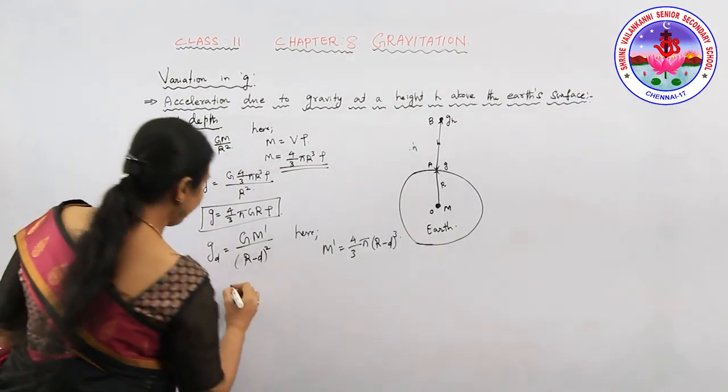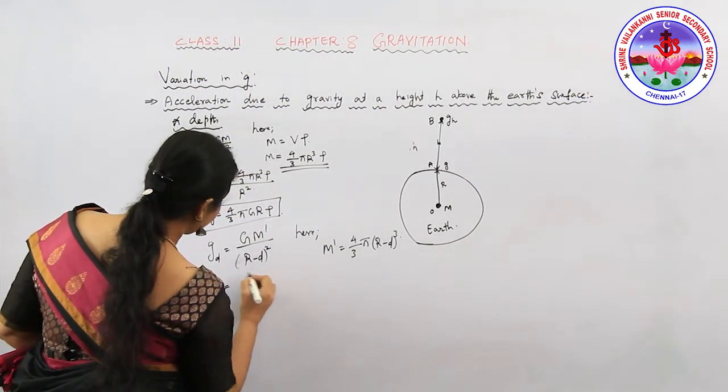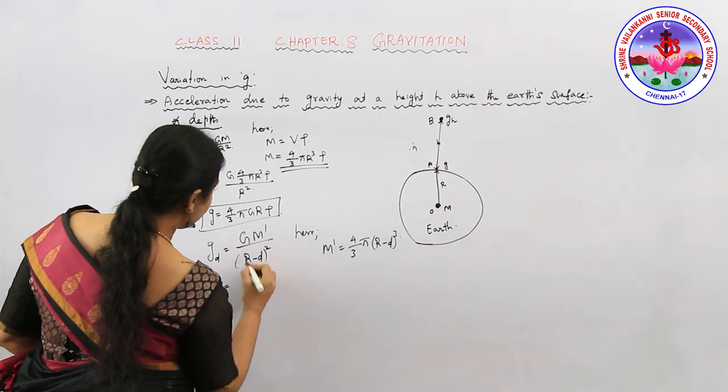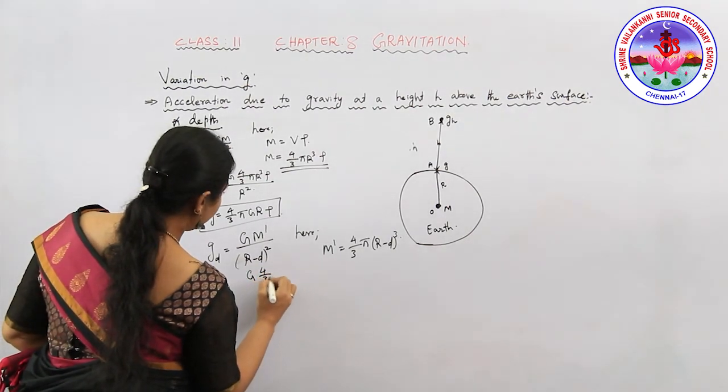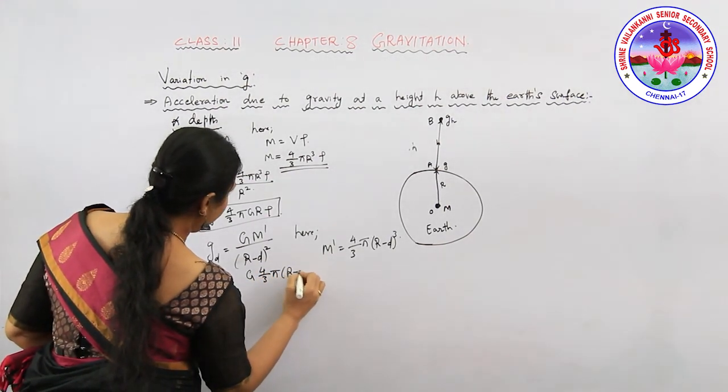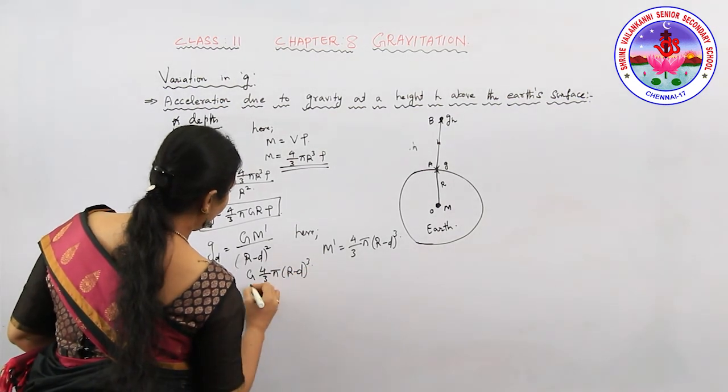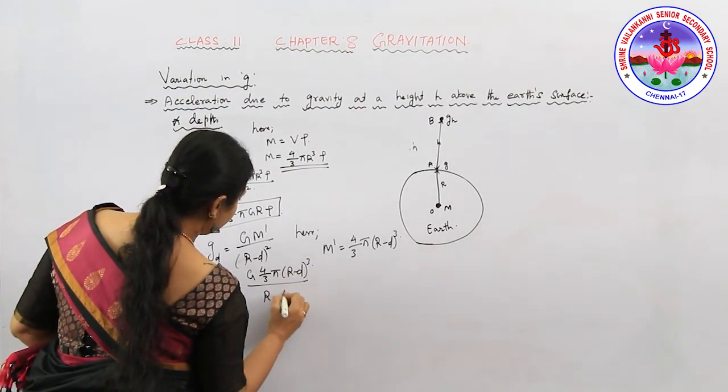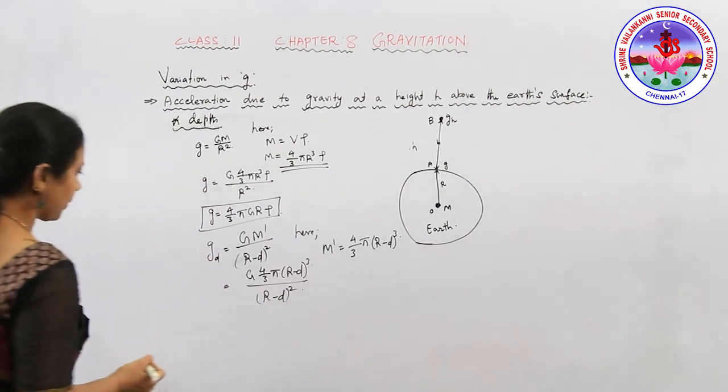Applying the value, gd is G into 4 by 3 pi (R minus d) whole cube rho, divided by (R minus d) whole square. Got it?